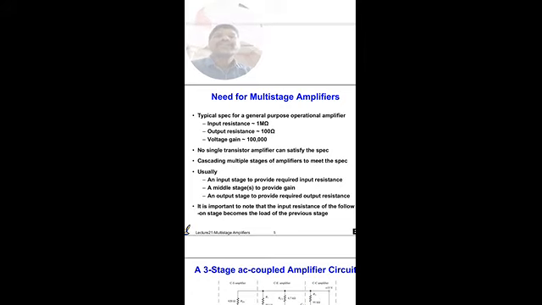Usually the input stage should provide the required, very high, input resistance. The middle stages will provide the required voltage gain, and the output stage should provide the required output resistance.